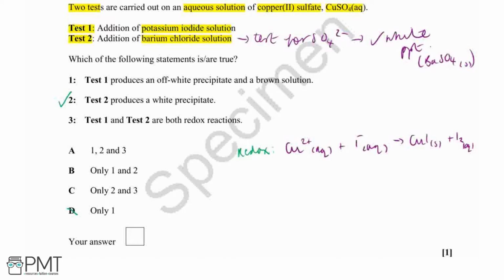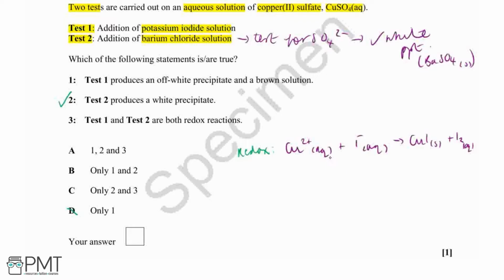We have a neutral charge on the right-hand side, and we currently have a 1+ charge on the left-hand side. We can also see that we've got 3 iodines on the right and 1 on the left, but if we put a 3 in front of this iodide ion, this will still not give us balanced charges. So we're going to need to do something with the coppers in order to balance this out.